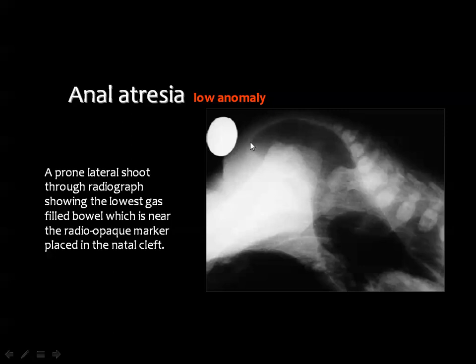Usually we do a lateral film, and it is known as an invertogram, because the head of the patient is down and his buttock is up, in order to push the air as far as the distal part of the colon. Then we put a metallic marker at the supposed site of the anal opening, and we measure the distance between the air and the metallic marker, and then this is considered a low anomaly.